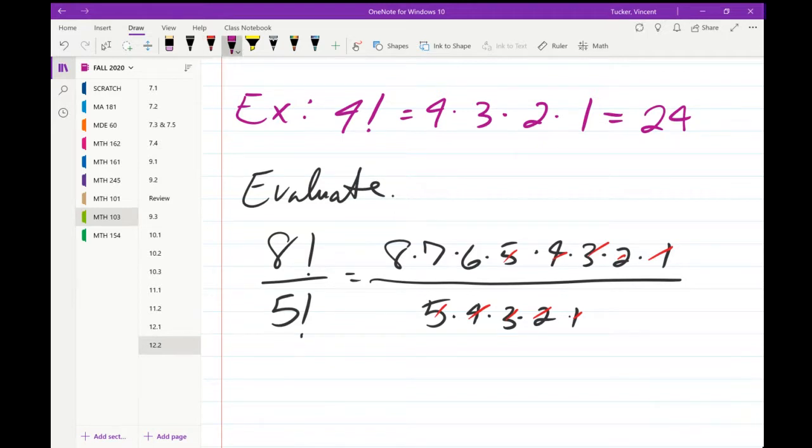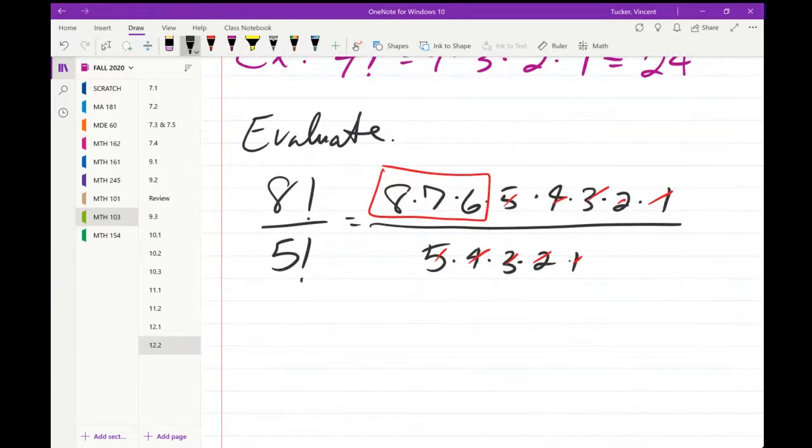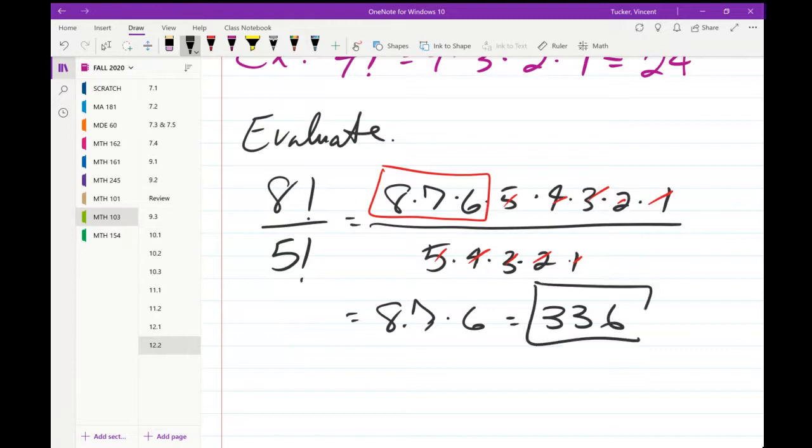And you're left with 8 times 7 times 6. That's 336.